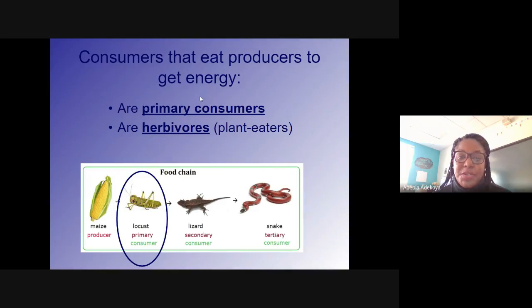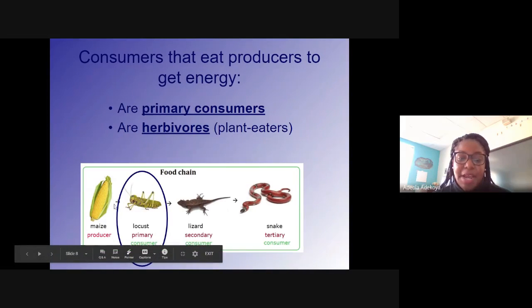Consumers that eat producers, we call them the primary consumers. All right, and these are usually herbivores. And remember, when we broke down this word part, herb means plant and vor means one that eats. So herbivores are plant eaters.